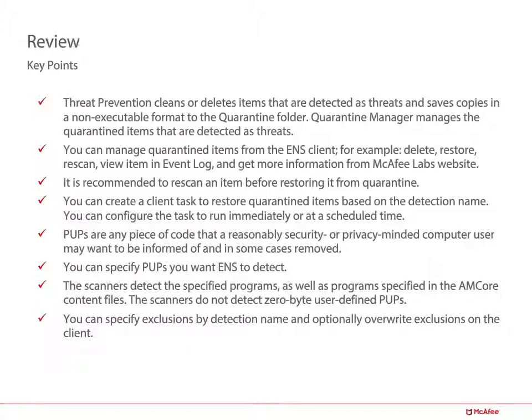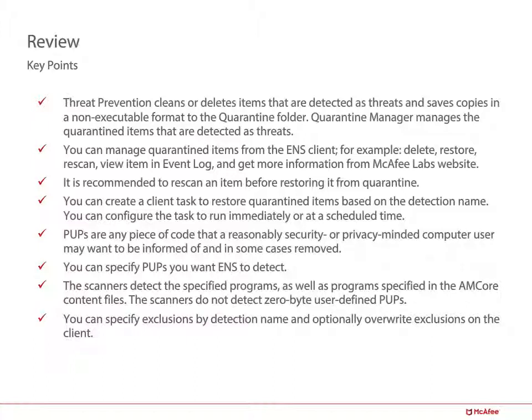You can create a client task from ePO to restore the quarantine items based on the detection name, and you can configure that task to run immediately or at a specific scheduled time. Potentially unwanted programs are any piece of code that a reasonably security or privacy minded computer user may want to be informed of, and in some cases removed.